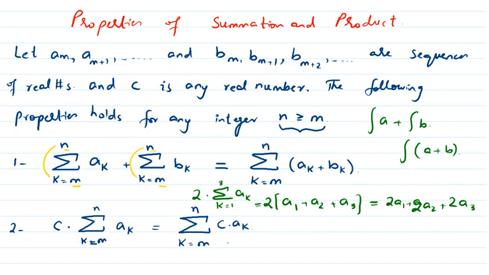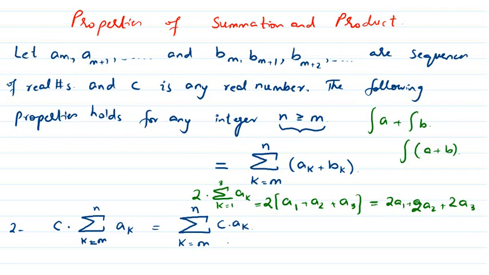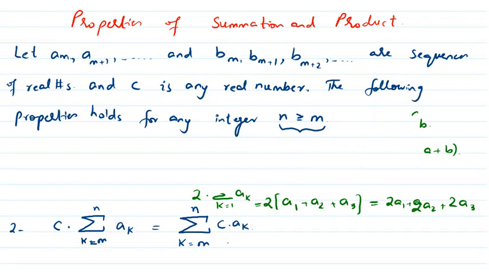Let's go for the last property here. So the third property at hand is against product.